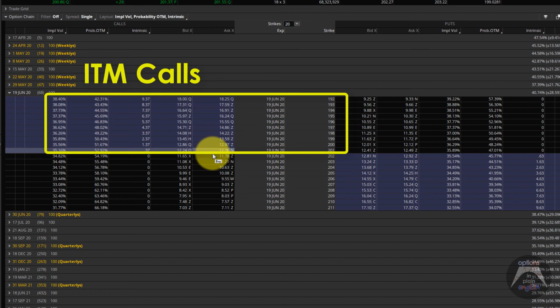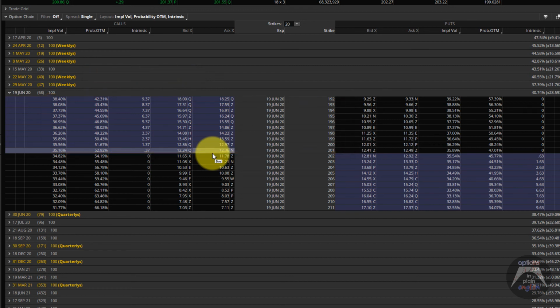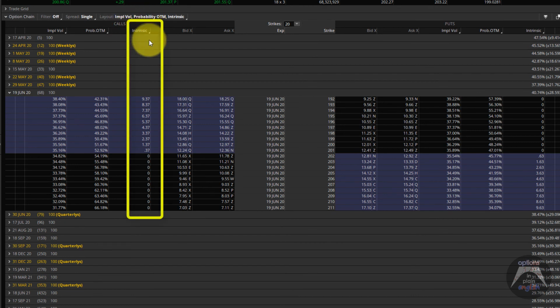Now, one of the ways that we can make sure that we are talking about out of the money calls is I pulled up the intrinsic value of the option in this column, so you can see that this is the actual value that you would get if you were to exercise those calls and puts.